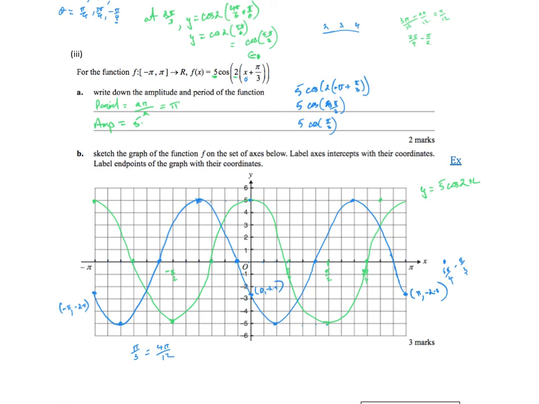We want intercepts labeled, so that's just what we have. We can confirm it. Our original intercepts were pi on 4 and 3 pi on 4. We wanted to subtract pi on 3, and we worked them out to be 3 on 12 minus 4 on 12, which is minus pi on 12.